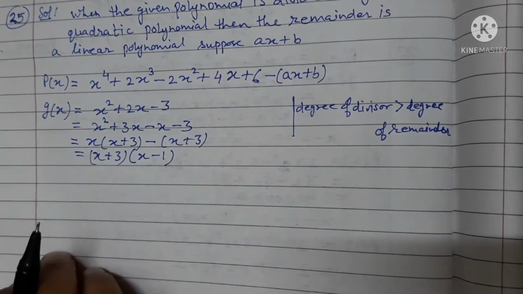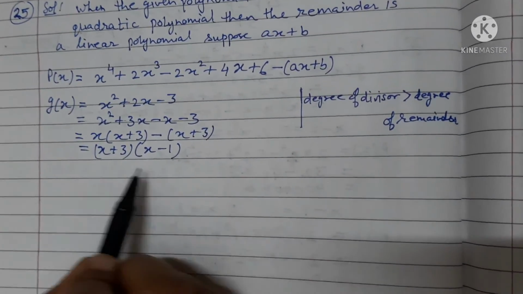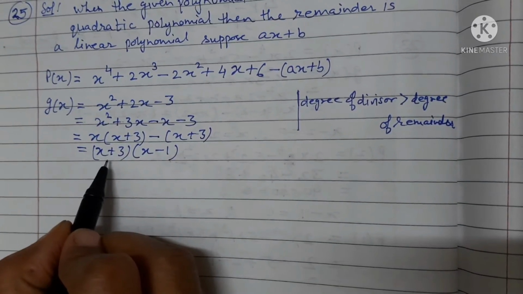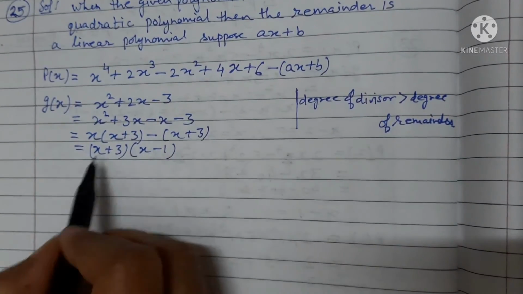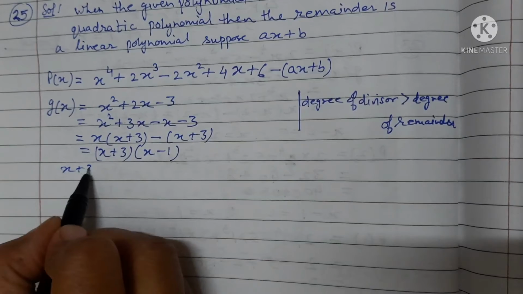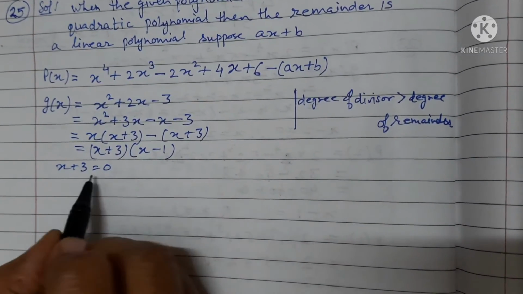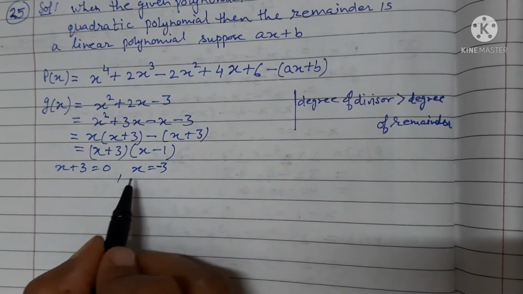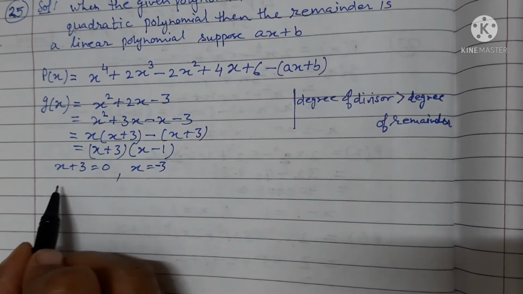Now from this we will get two equations. When x plus 3 is equal to 0, then x is equal to minus 3. Substitute the value.